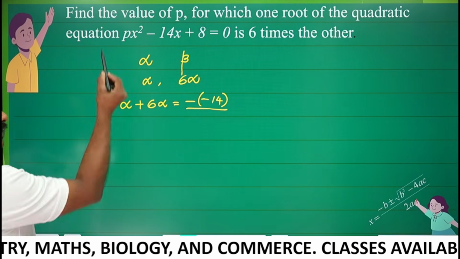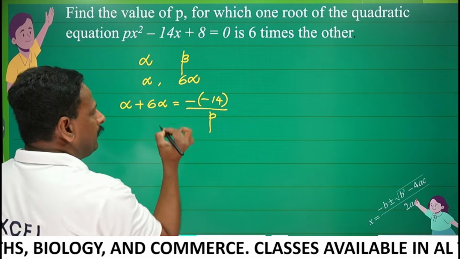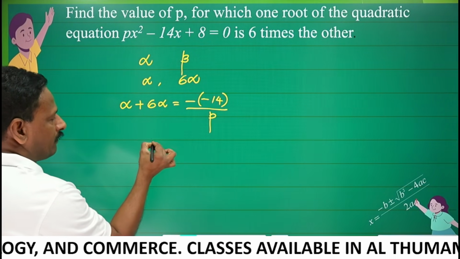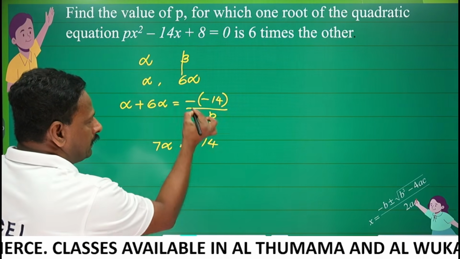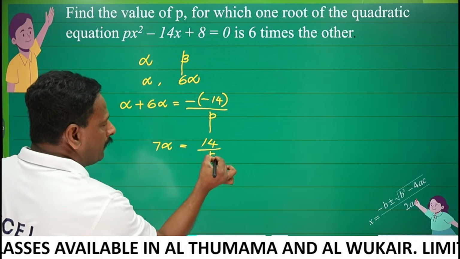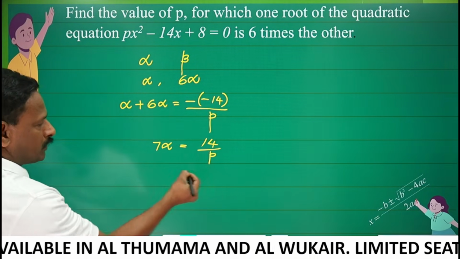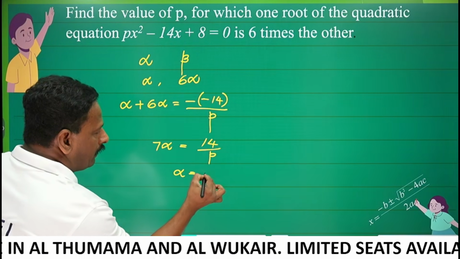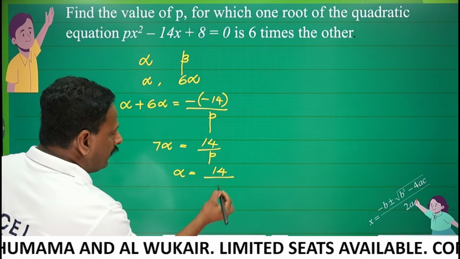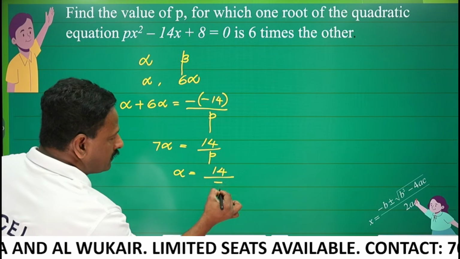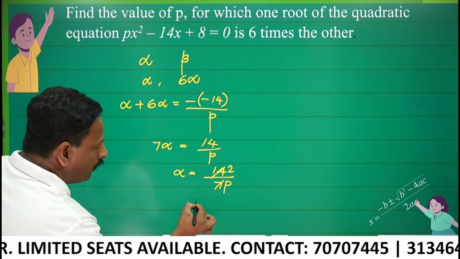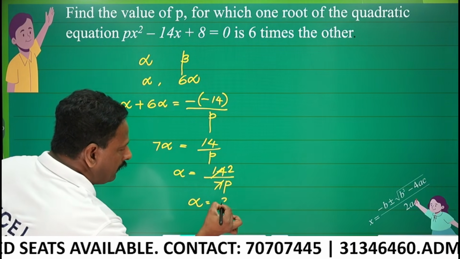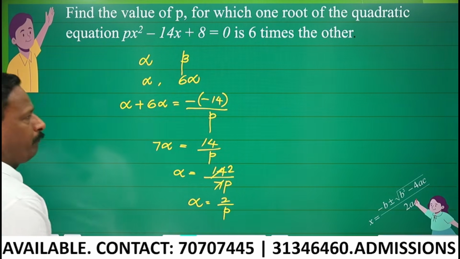A is the coefficient of x square, that is p. Alpha plus 6 alpha is 7 alpha equals negative into negative is positive 14 by p. So if you transpose this 7, you will get alpha equal to 14 by 7p. So you can cancel 7 and 14, it will become 2. So what you get is alpha equal to 2 by p.